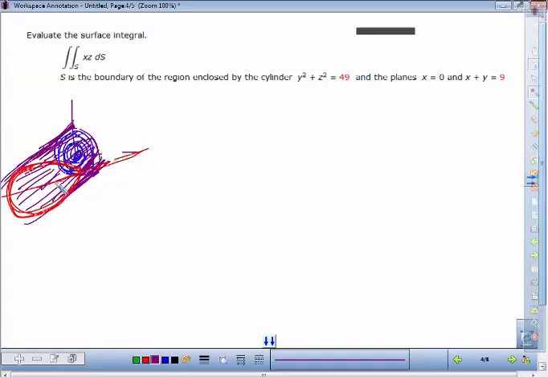Can you visualize this? How would you describe this shape?